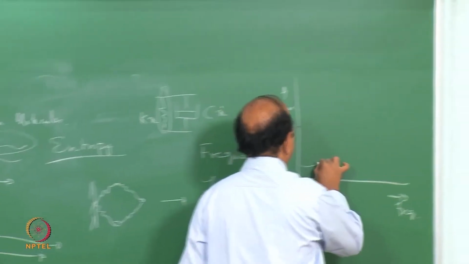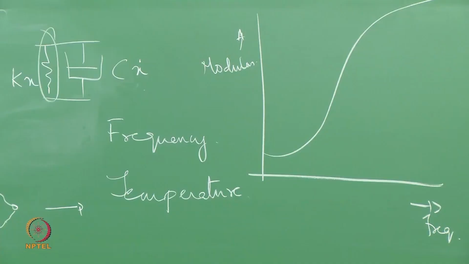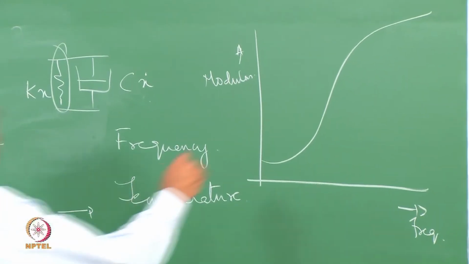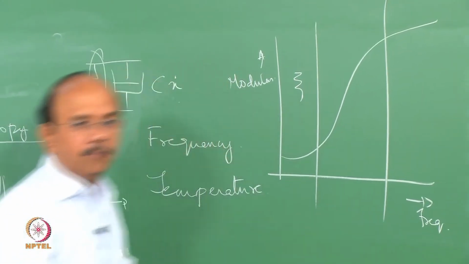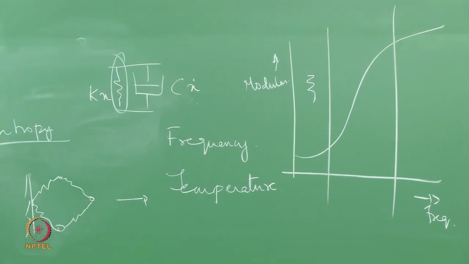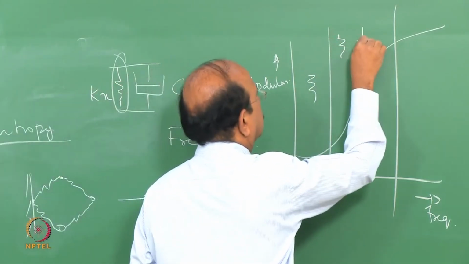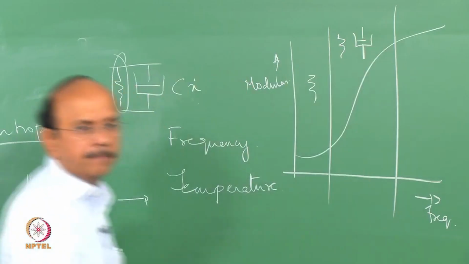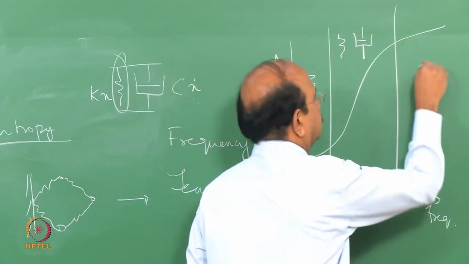It would be like this, and like that. Here is the spring. Here both the effects are there, the spring and the dashpot. And here it is quite rigid.